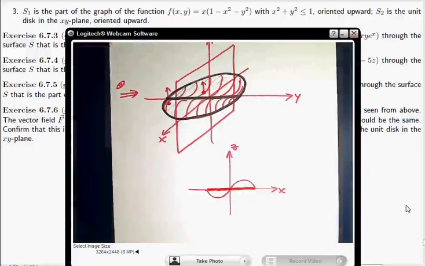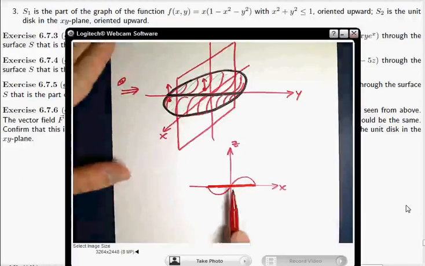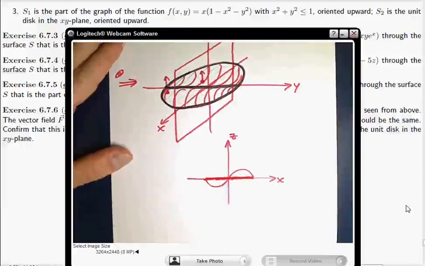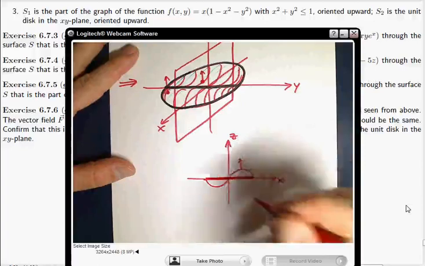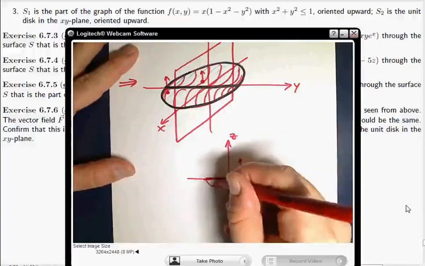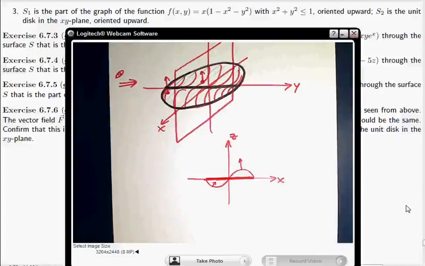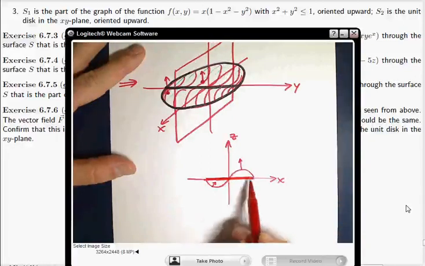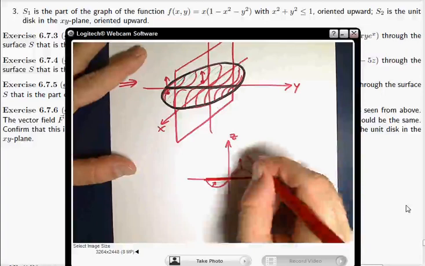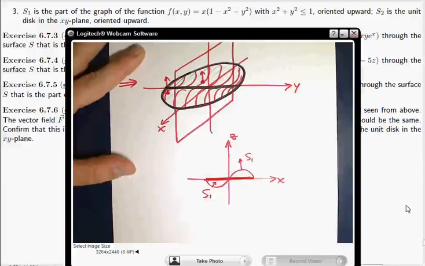Okay, so now I want to draw S1 minus S2, and this is going to be a little hard, and I'm going to kind of cheat by using this little cross-section picture over here. S1 is this upward-oriented thing. S2 is also an upward-oriented unit disk, but then negative S2 is going to be downward oriented.